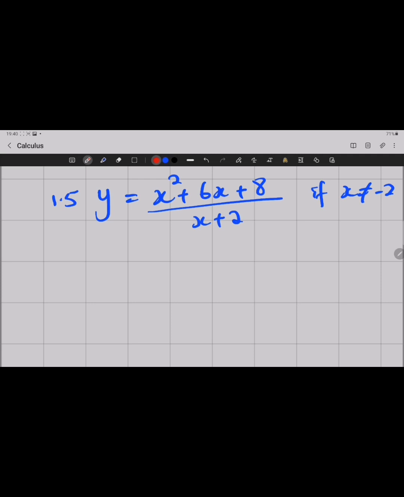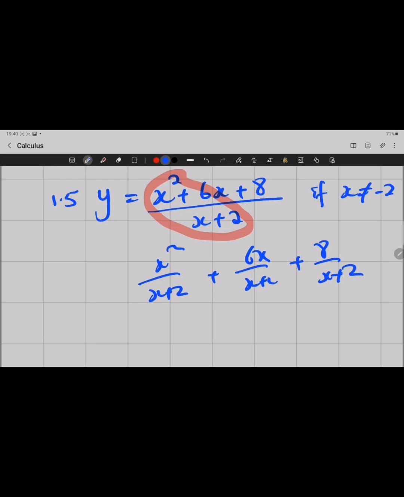So this one, I'm sure your first thinking is that you're gonna split that by saying x squared over x plus 2. You can typically do this, but it's not gonna help you. It's pain. Why? Because you've got 2 terms now in the denominator, so it won't help you.